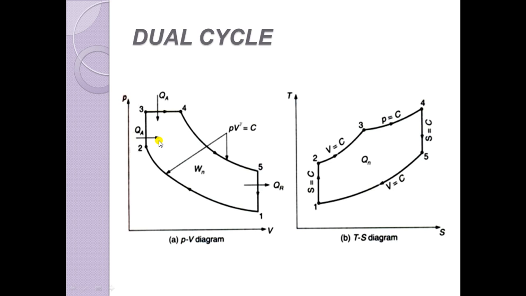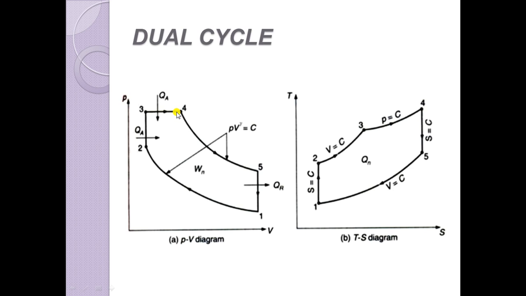The third process is from 3 to 4. It is a constant pressure process. During this process, another part of the heat is added to the working substance. Here, the piston is moved from position 3 to position 4 during the addition of heat.